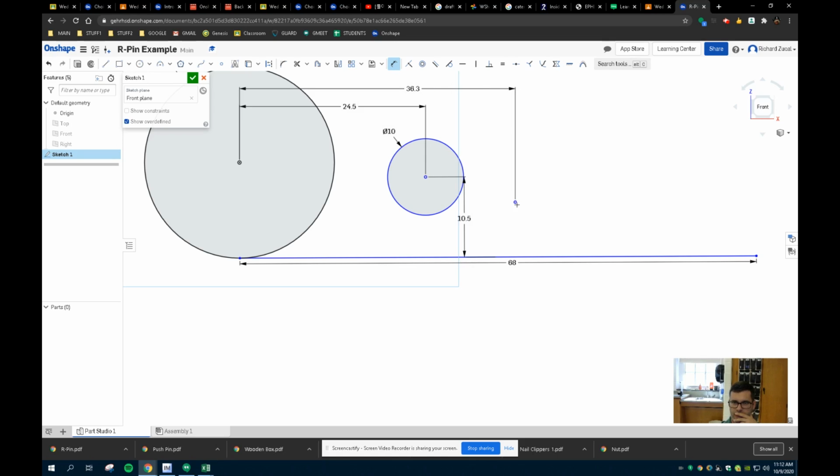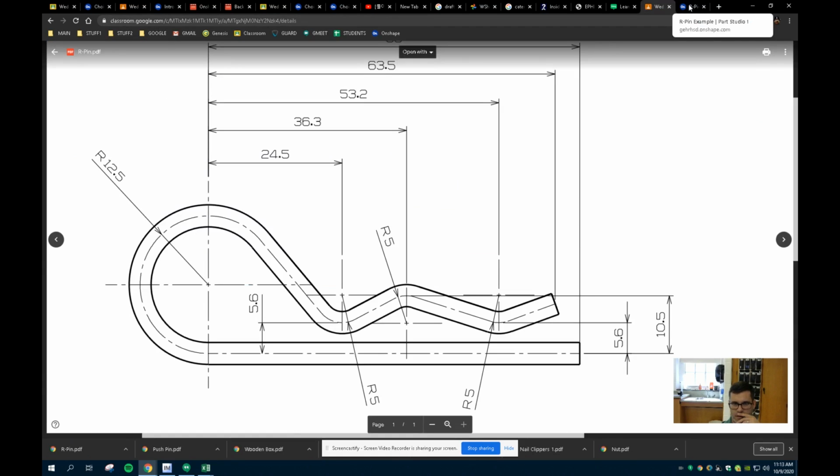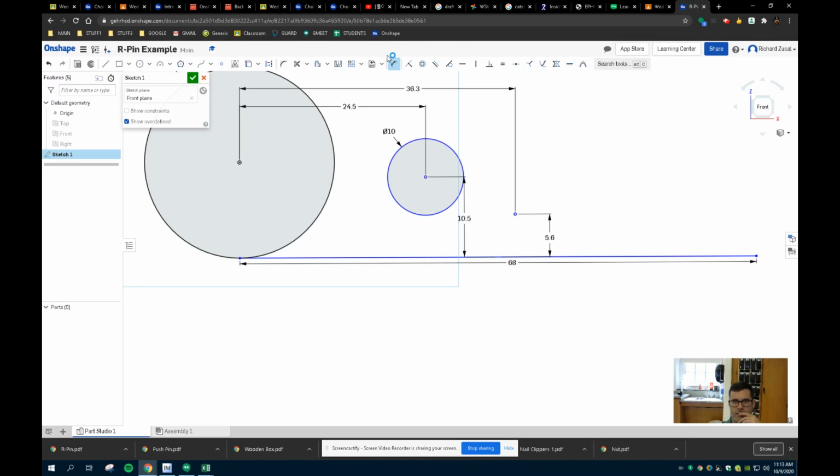36.3 over and 5.6 up. Okay, and that has another radius of 10. Oh, good, they're all little circles with radius of 10.